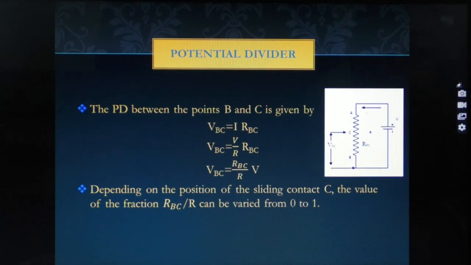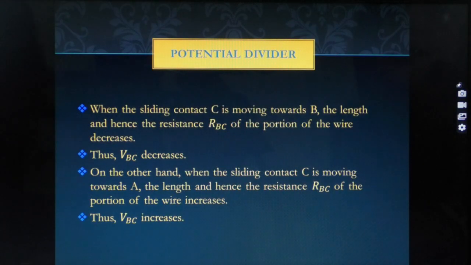So in this way, by making use of potential divider, instead of considering the potential for the whole length of the wire AB, if we want to find the potential at a limited portion of the wire, we can make use of this formula which we have derived now.